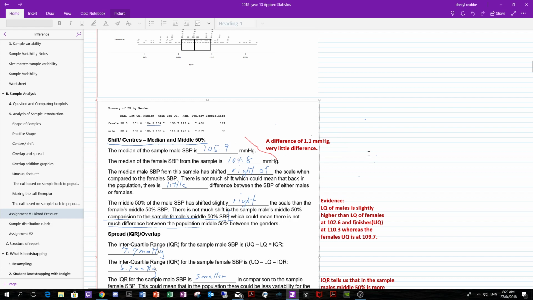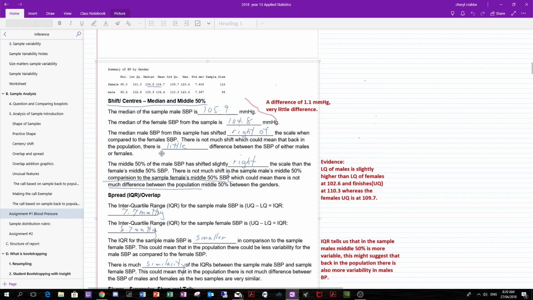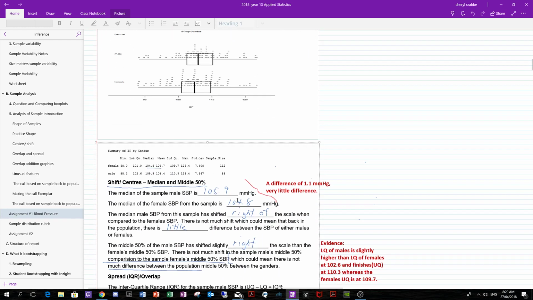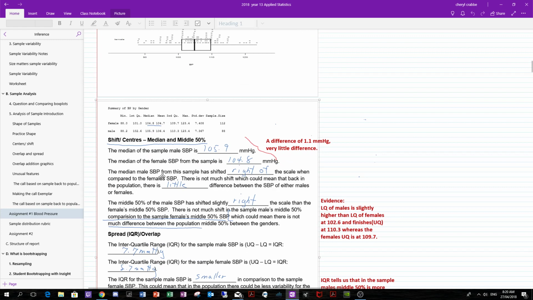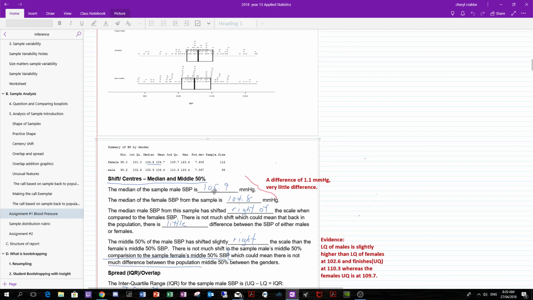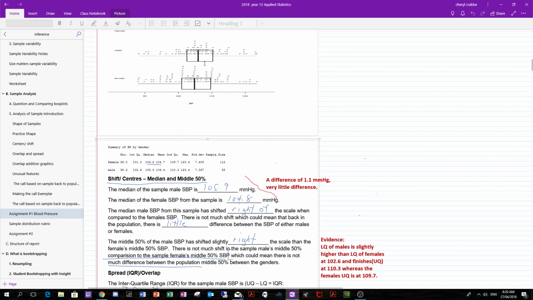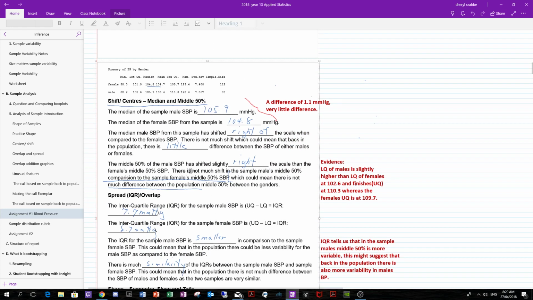The median male from the sample was shifted to the right, so you can see that it's a little bit higher up the scale, obviously. Compared to the females, there's not much shift, which would mean that back in the population there's little difference. There doesn't seem to be a lot of difference based on these medians and where they are in relation to each other. Then you talk about the shifts in the boxes compared to each other.